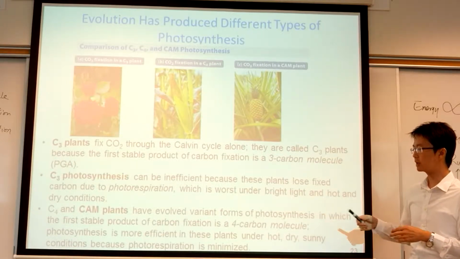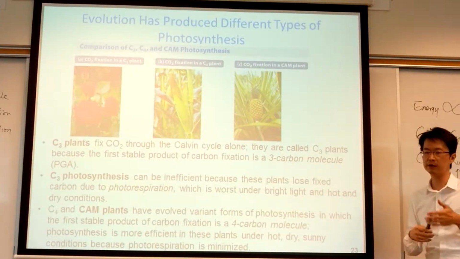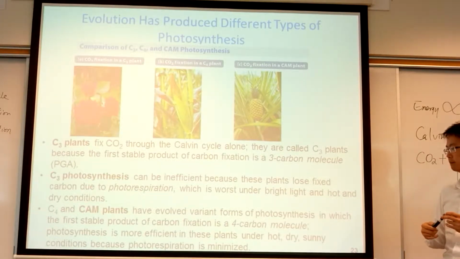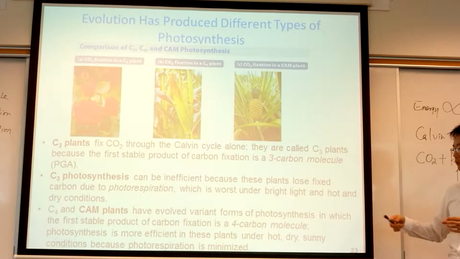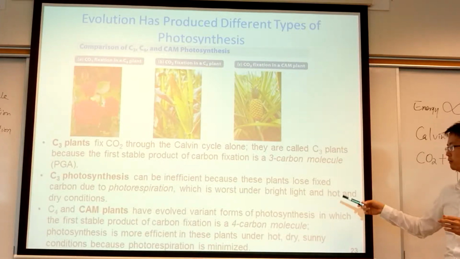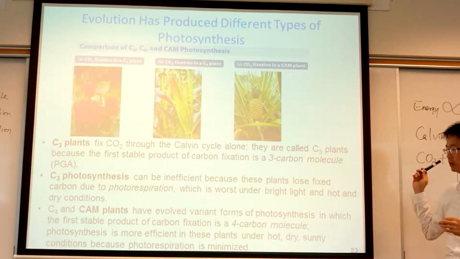But C4 and CAM plants have different structures. First of all, the first stable product is a 4-carbon molecule instead of the PGA that we learned.